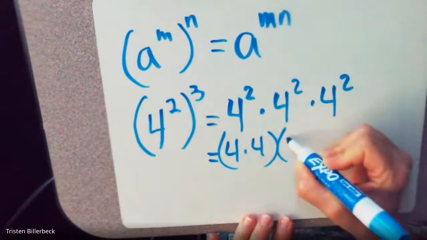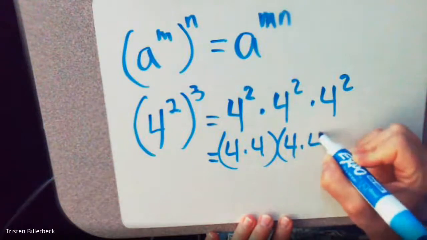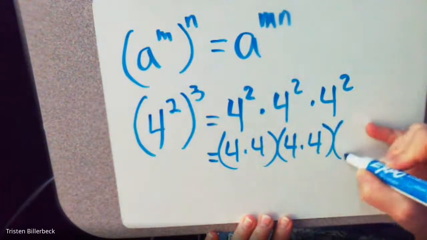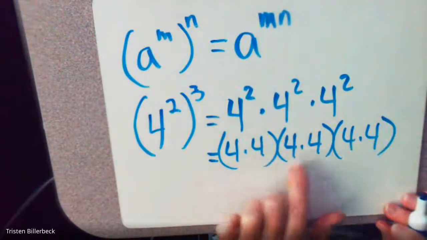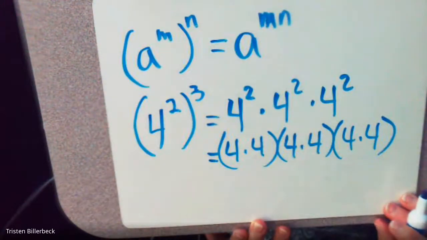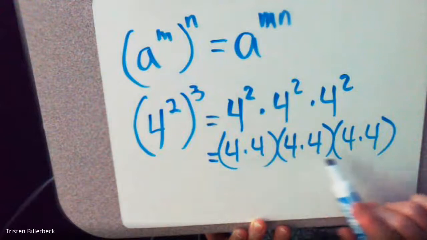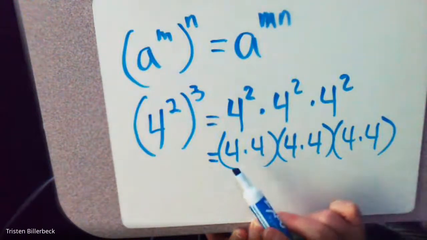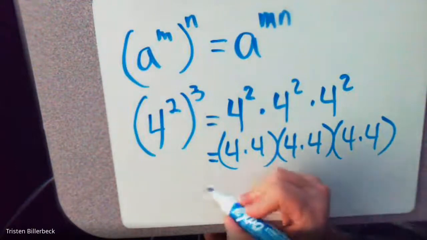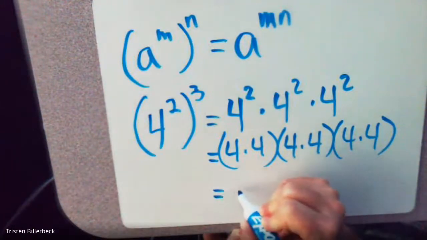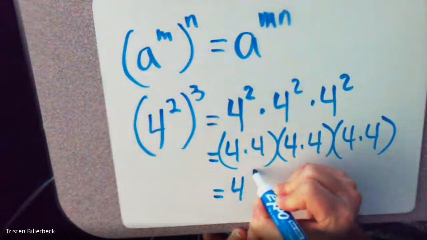And then we have 4 times 4 and 4 times 4. So since it's just all these are multiplying now, I count how many I have. 1, 2, 3, 4, 5, 6. So this ends up 4 to the 6.